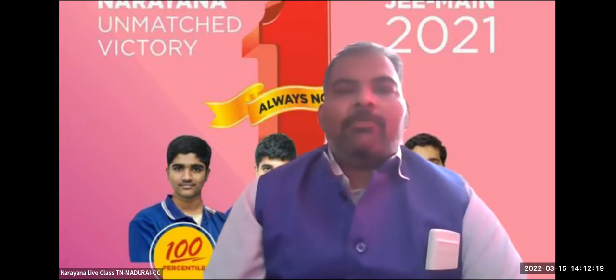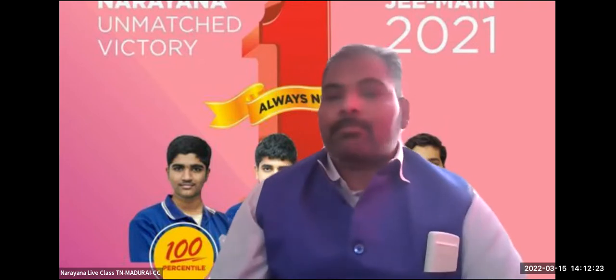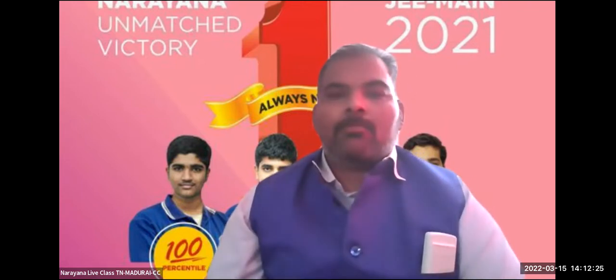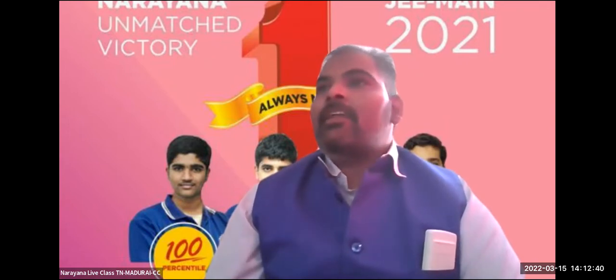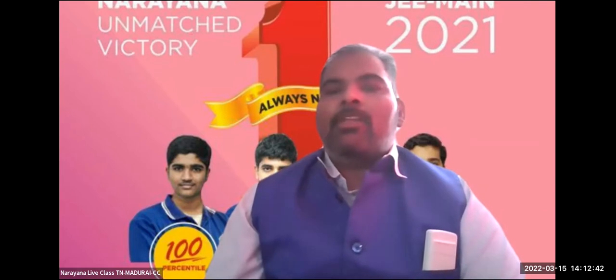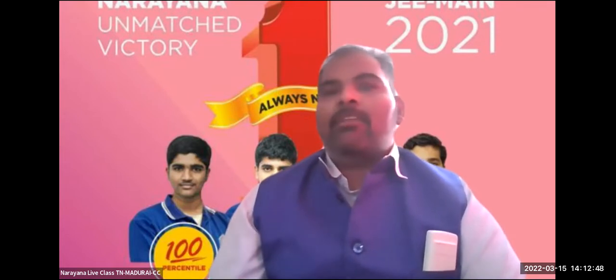Opposite rectangular face means it will be like this. Rectangular face means it is 1 centimeter by 100 centimeter, and current is entering into this face, the ABCD face. Then the same current is coming out of the opposite rectangular face.